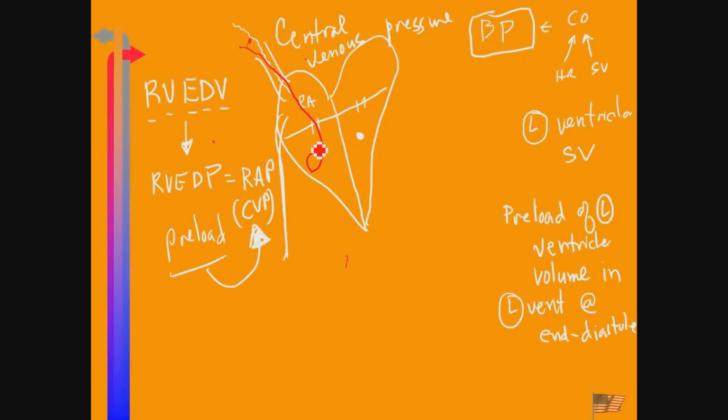But wait a minute. What about if we put a sail on the end of the catheter? Something to give it some guidance, to help it follow the flow of blood. Voila. The pulmonary artery catheter was created.